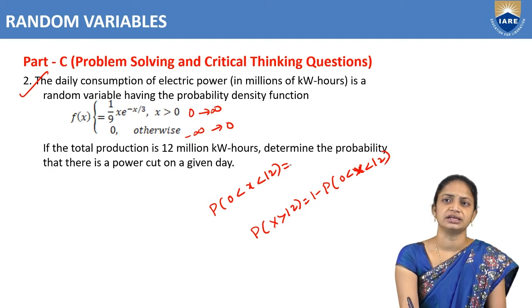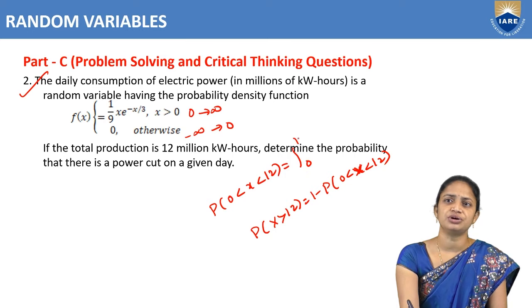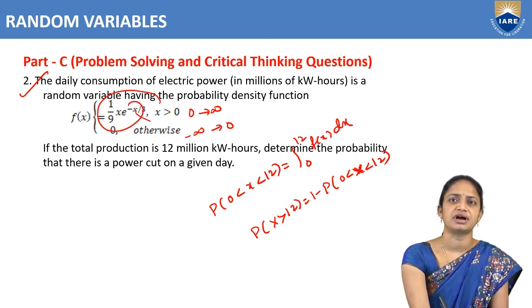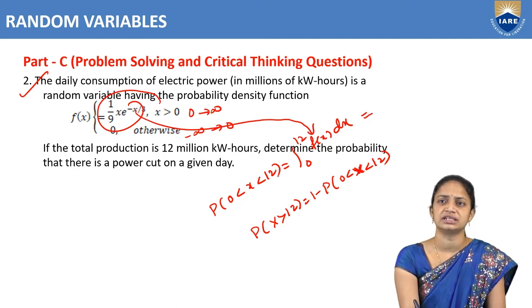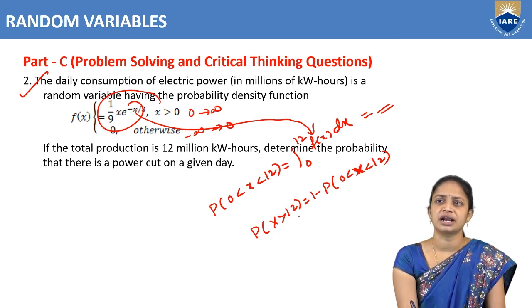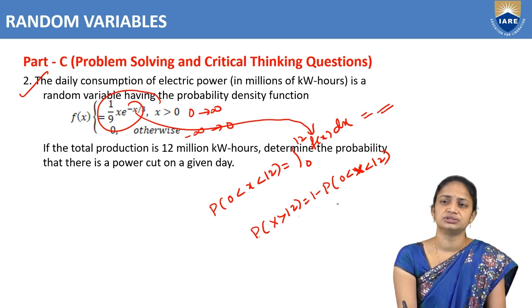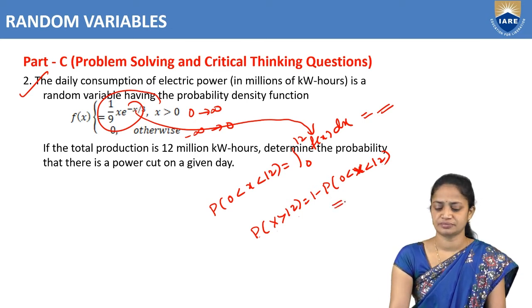So probability of 0 less than x less than 12 means integral 0 to 12 of f of x dx. You just need to substitute this function here. After that we can calculate the probability of 0 less than x less than 12, so we'll get this one. After that we have to find probability of x greater than 12, which means 1 minus probability of x less than 12, or probability of 0 to 12. Like that we can calculate.